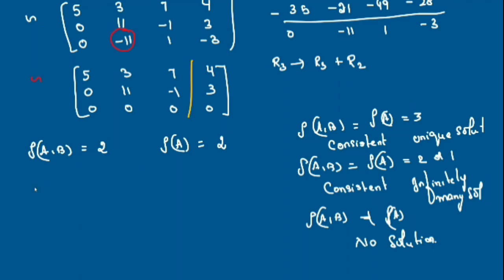So in this case, rank of AB is equal to rank of A is equal to 2. So it is less than 3. 3 is the number of variables x, y, z, right? So it is not equal to 3, but it is less than 3. So we say it has infinitely many solutions.